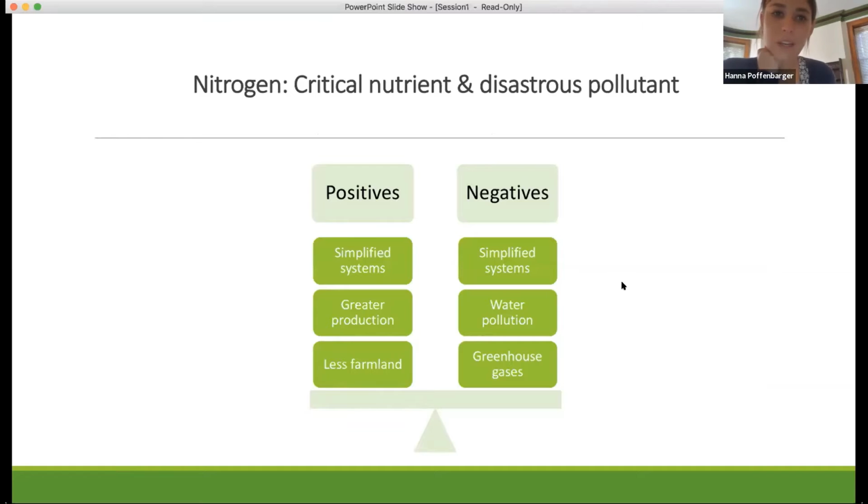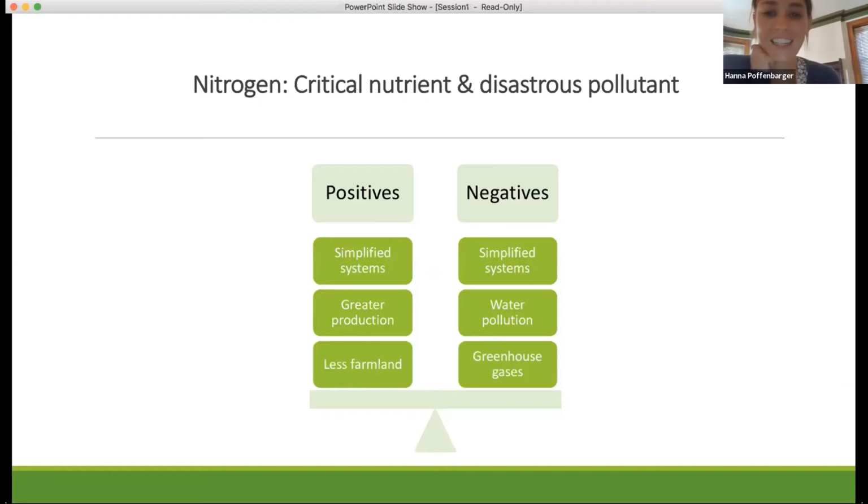All right, so nitrogen fertilizer in agriculture is kind of a double-edged sword in that it's a critical nutrient that we need, but also has some pollution problems. On the positive side, it's allowed us to simplify our production systems, which has made it so we can grow really productive crops more frequently in the rotation, increase the yield, and decrease the amount of natural lands that we have to bring into agriculture.